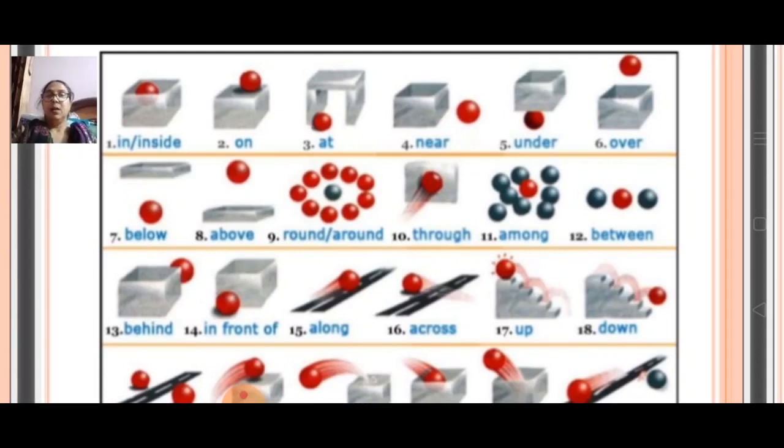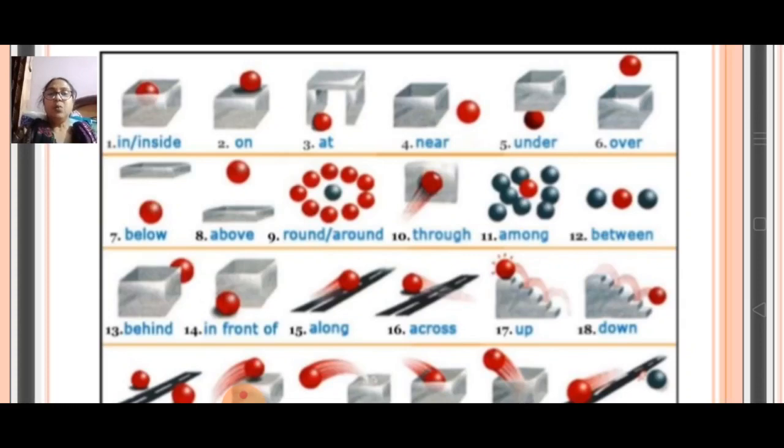Now under. The ball is under the box, carton or stool. Now here over. It means there is a little bit of difference between the object and the object with which we are showing the relation. Now below means directly under this object. Above means there is a space between the main object and the other object.